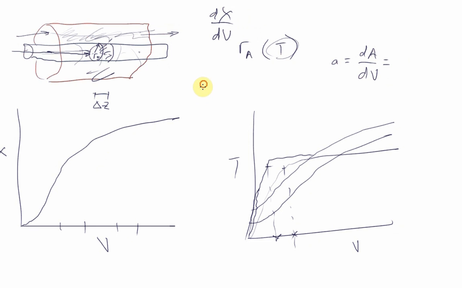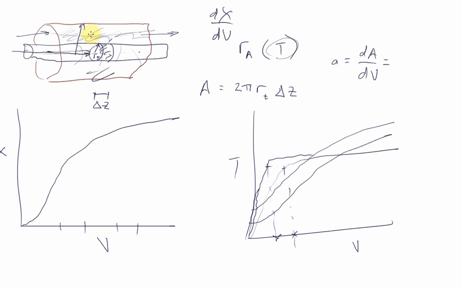So we can say the area in that case is equal to 2 pi r, so the circumference, 2 pi RT, times delta Z. So that's the outer area of the inner tube, just 2 pi RT delta Z for that particular change in delta Z. And then we have to look at also the volume of this space.